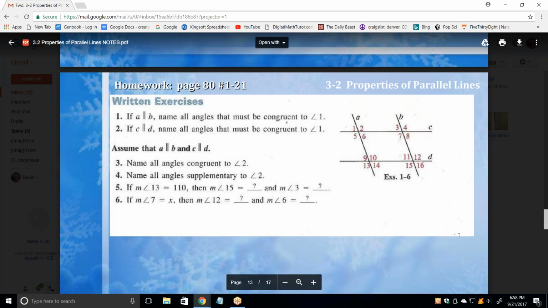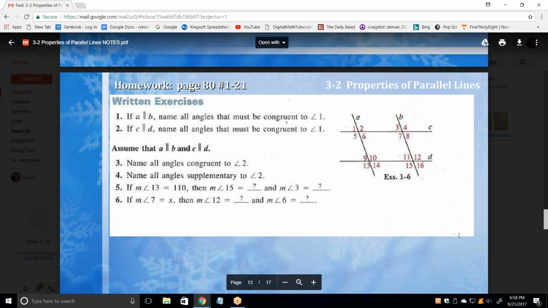So 3, 6. Yes, 6, 8. No, not 8. 8's the same as 6. Oh, my bad. Yeah. 8. Go ahead. Sorry. That's okay. 9, 11, 14, 16. Yeah. 14 and 16. Is that what you said?